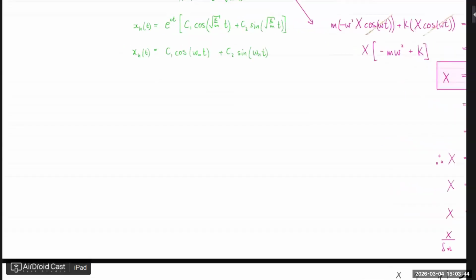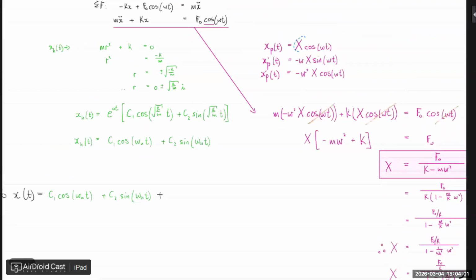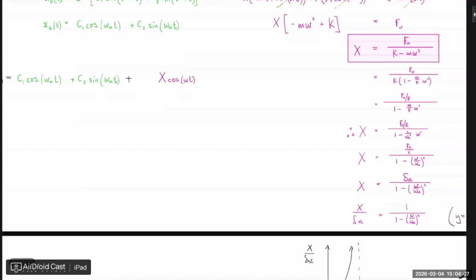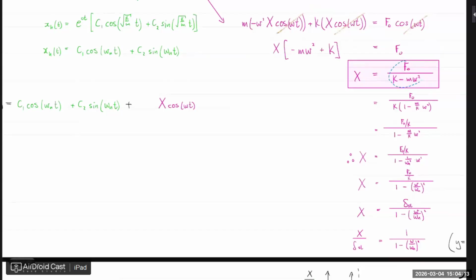So the final solution for the response is then the homogeneous part that we already calculated plus the particular part. Now remember, we said the particular part we chose to be x cos omega t, but x we already found earlier. We said x was this part here, right?